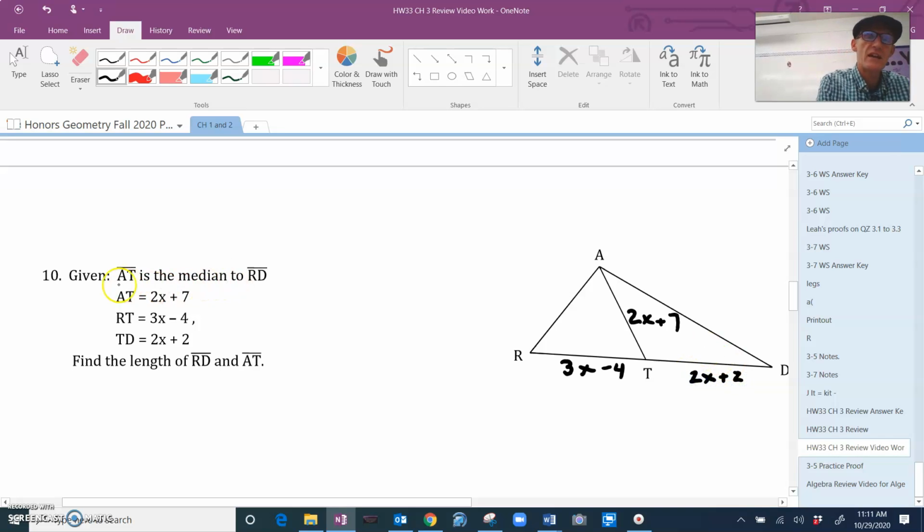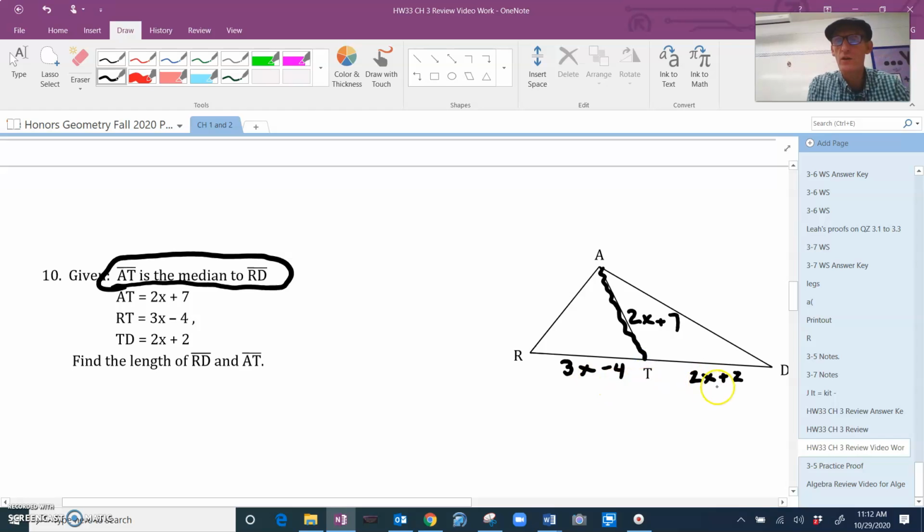We have this AT is a median, right? So here's AT, it's a median. And we look at these two segments that are congruent in this problem because medians create congruent segments, and so this median creates two congruent segments here and here.